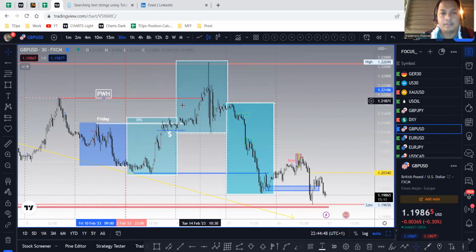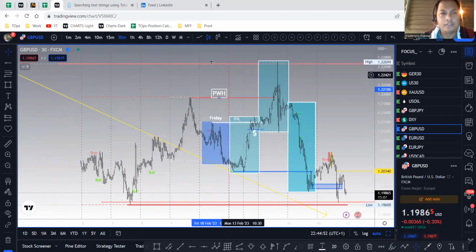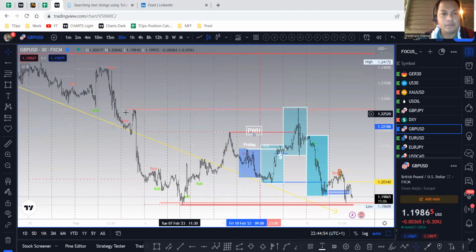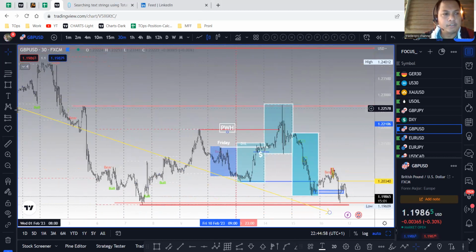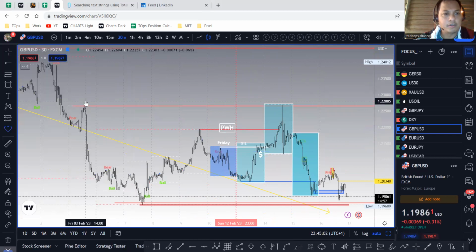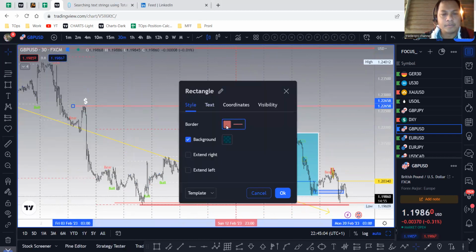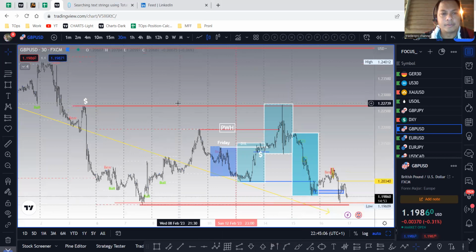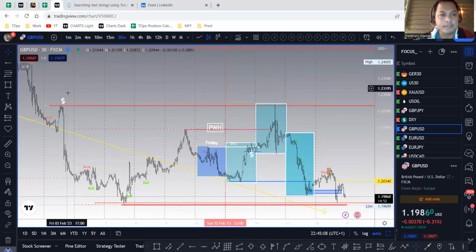Previous week high. So nag-break din sa previous week high until it reaches this point, which is actually the swing high here before nag-drop. So may mga stop losses din dyan.